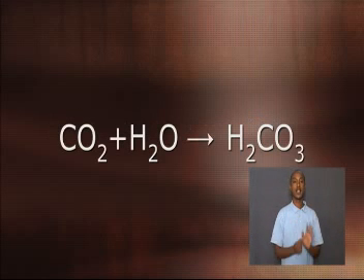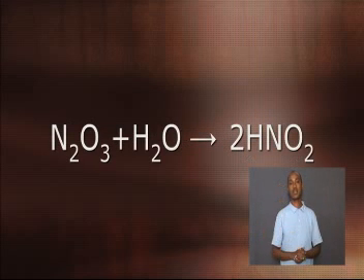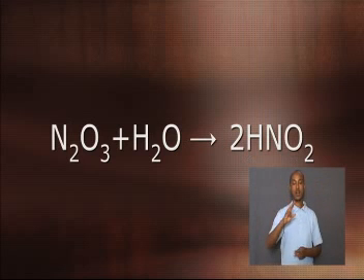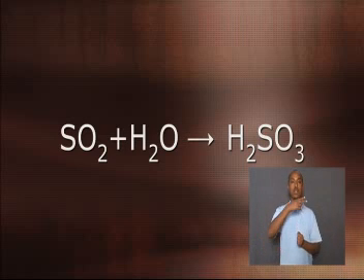For example, when carbon dioxide reacts with water, carbonic acid is formed. When dinitrogen trioxide reacts with water, nitrous acid is formed. When sulfur dioxide reacts with water, sulfurous acid is then formed.